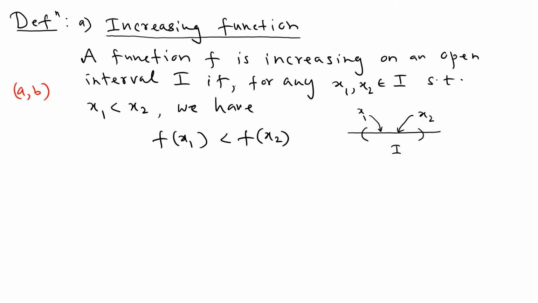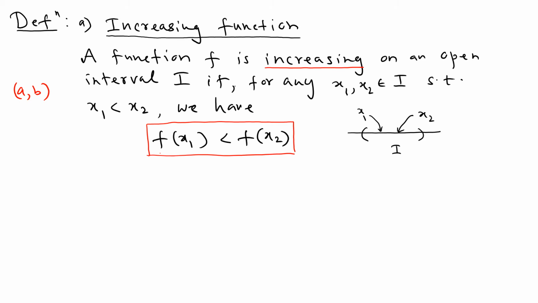If the value at x2 is larger than the value at x1, then we say the function is increasing. So simply, we can say the function increases if the second value is larger than the first value. Okay, so that's what you have to remember. The second one is larger.